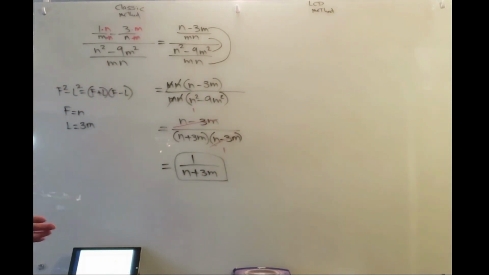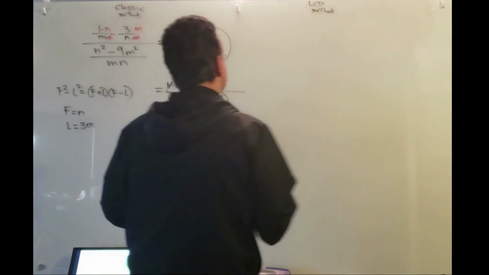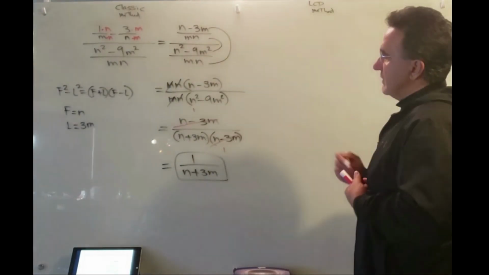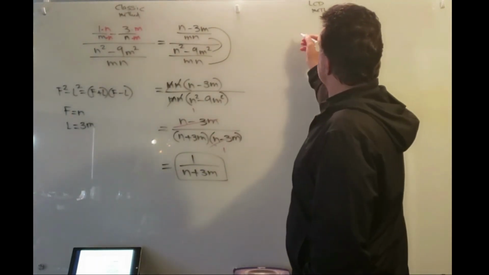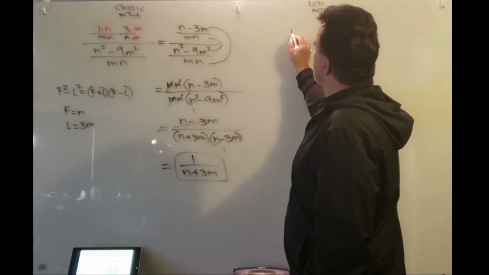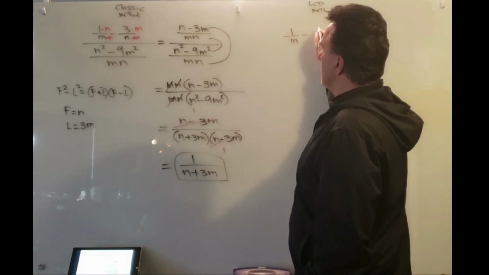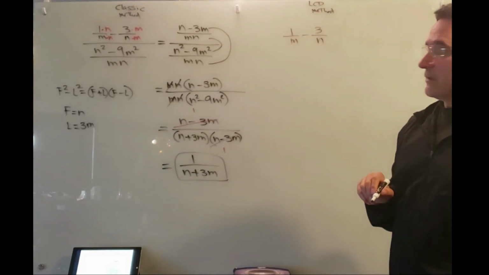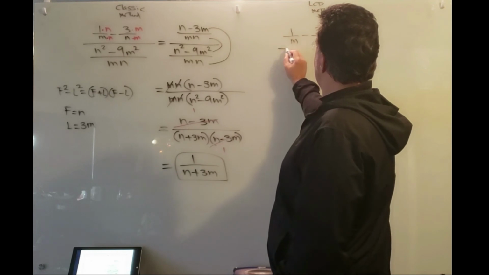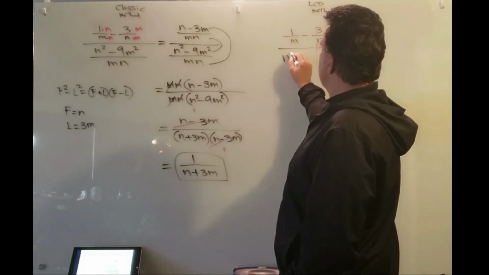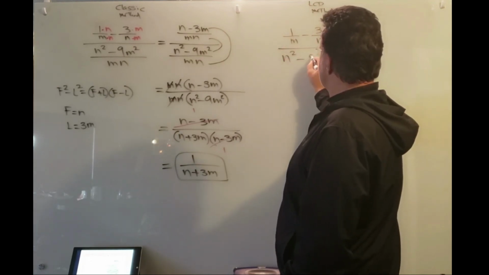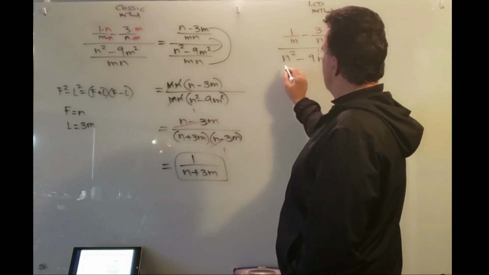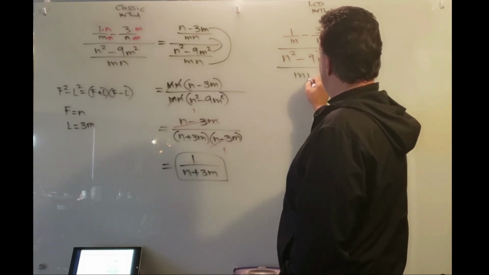So you see, that's the classic approach, and it works fine. Now let's take a look at the LCD method. I'm just rewriting the problem. 1 over m minus 3 over n over n squared minus 9m squared over mn.